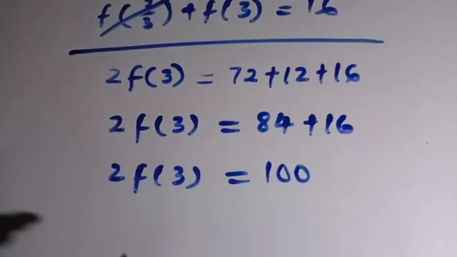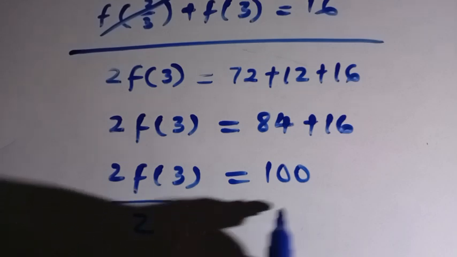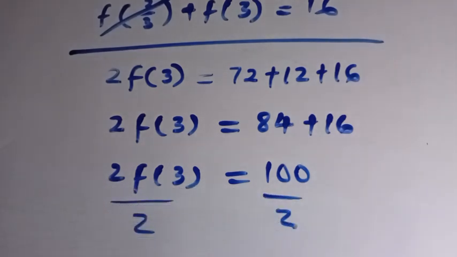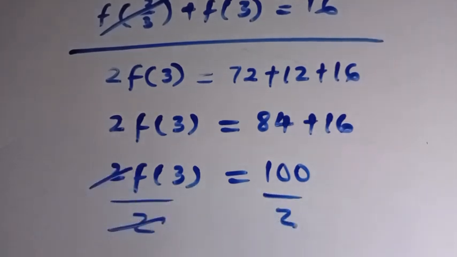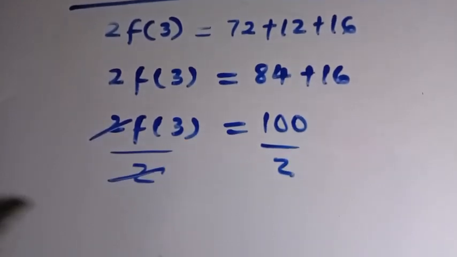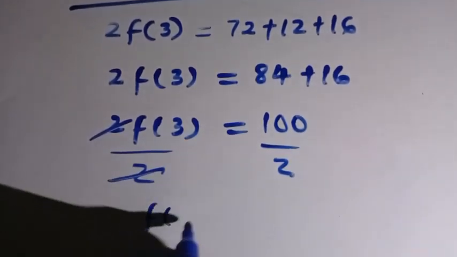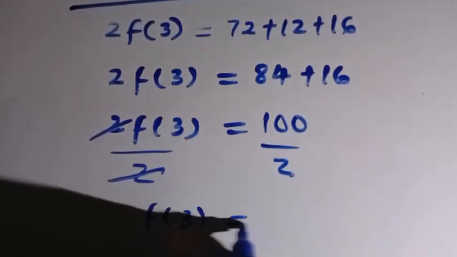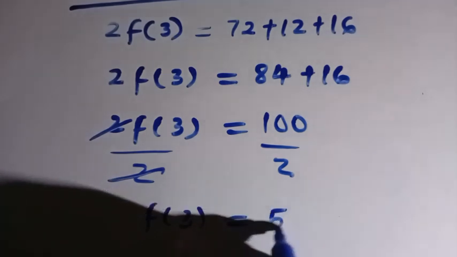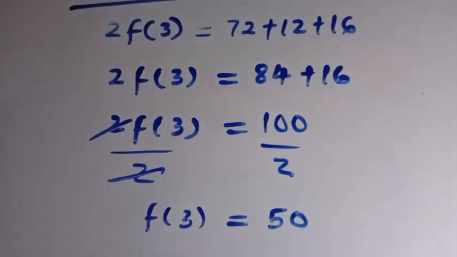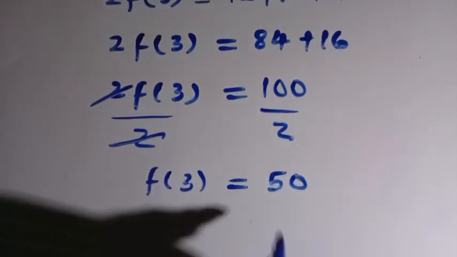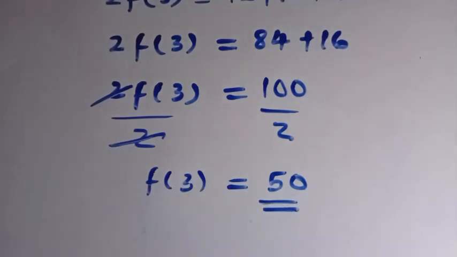Then we divide both sides by 2. 2 cancels 2, and we have our f of 3 equals 50. So this is what we get for f of 3. It's just as simple as that.